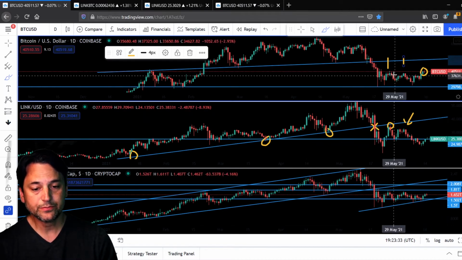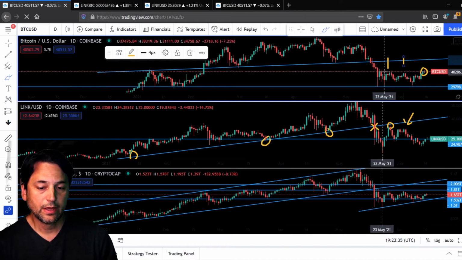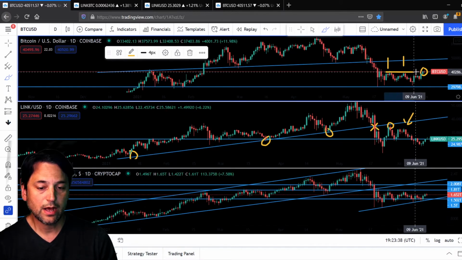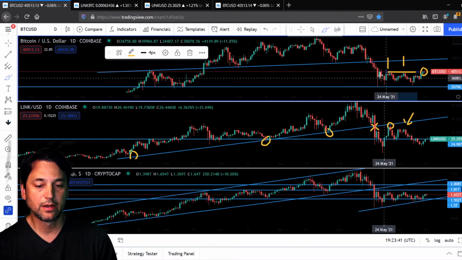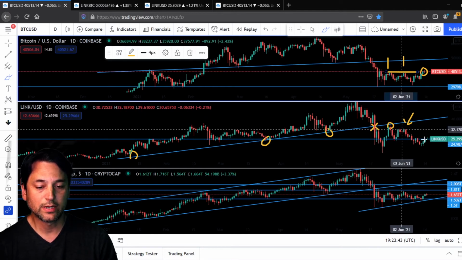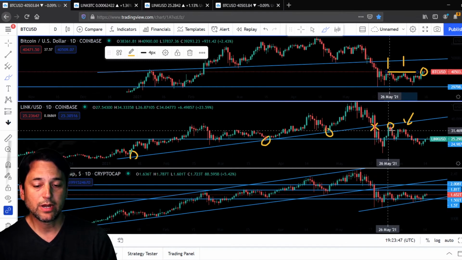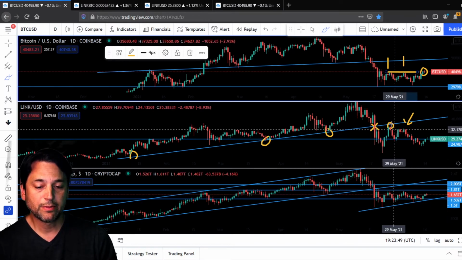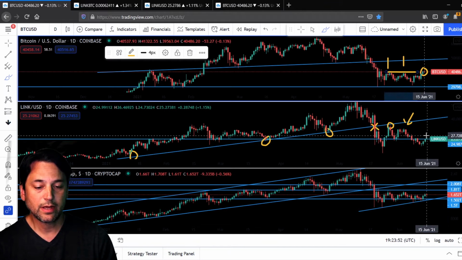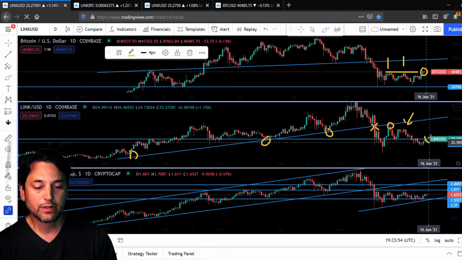However, it did just now reach a higher point than it was at before, whereas Chainlink, look at where Chainlink is. So after it had this big breakthrough and the nice rebound up here, well, now it's all the way down here.